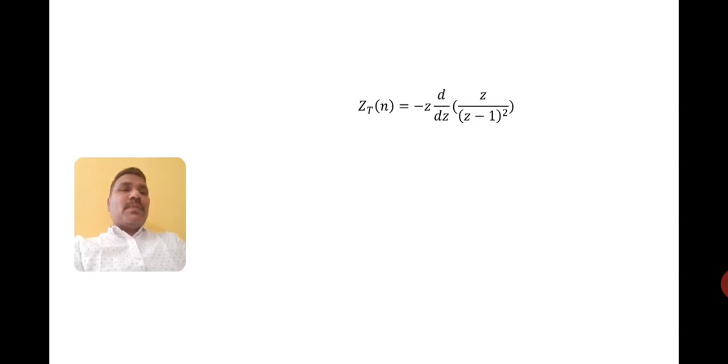So when you apply this, the step is repeated. Now do the differentiation using the quotient rule. What does the quotient rule say? The denominator part you keep as it is, that is Z minus 1 whole to the power 2, times the differentiation of Z, which is 1, minus the numerator Z as it is times the differentiation of the denominator, which is 2 Z minus 1, divided by Z minus 1 whole to the power 4.